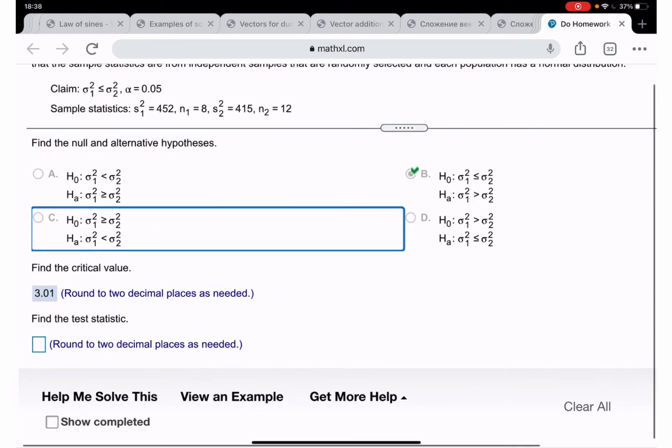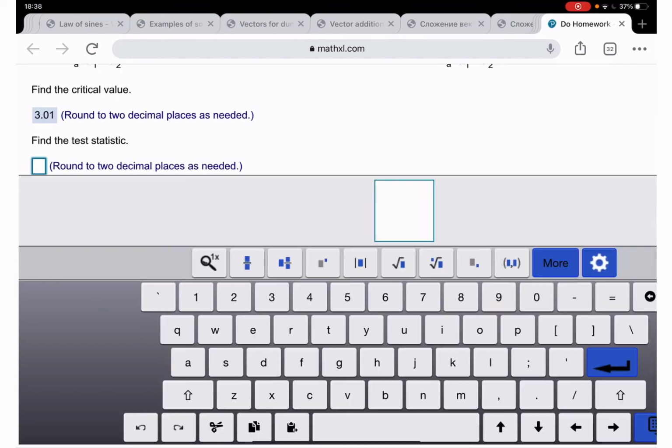We're gonna do 452 divided by 415, because it's S1 squared divided by S2 squared, and we get 1.09.